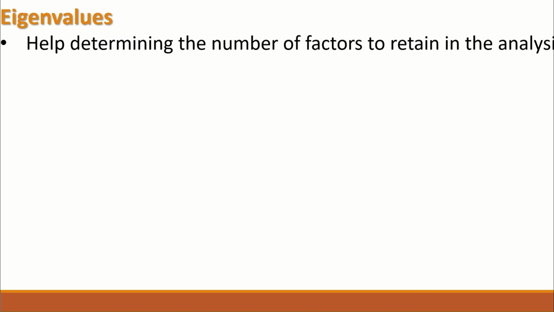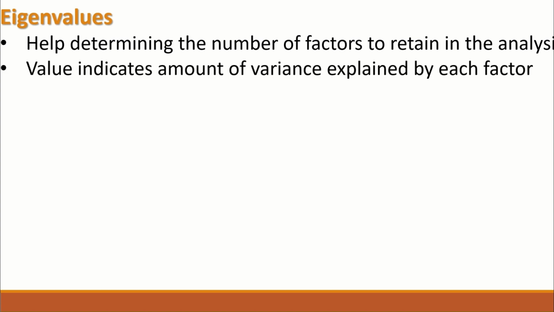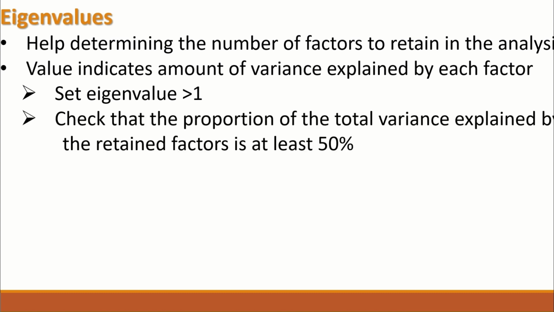Eigenvalues help to determine the number of factors to retain in the analysis. The value indicates the amount of variance explained by each factor. Usually, by default, the eigenvalue is set at a value greater than 1, and the eigenvalues will generate a table.